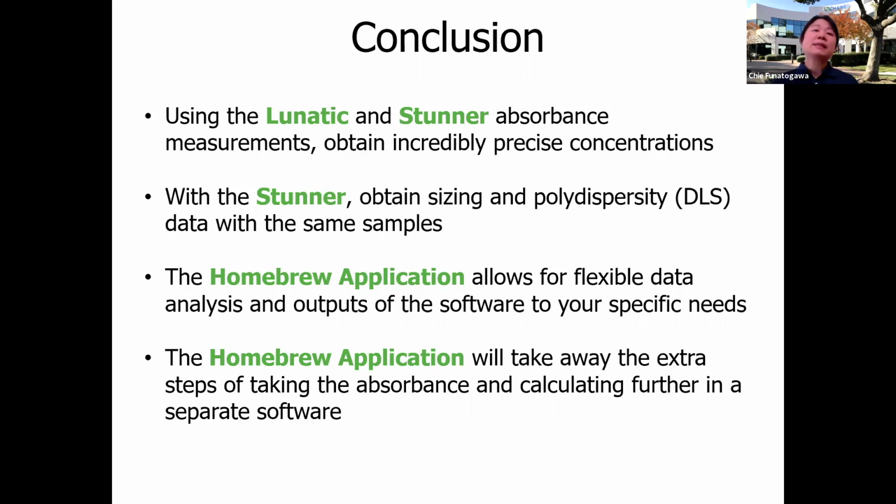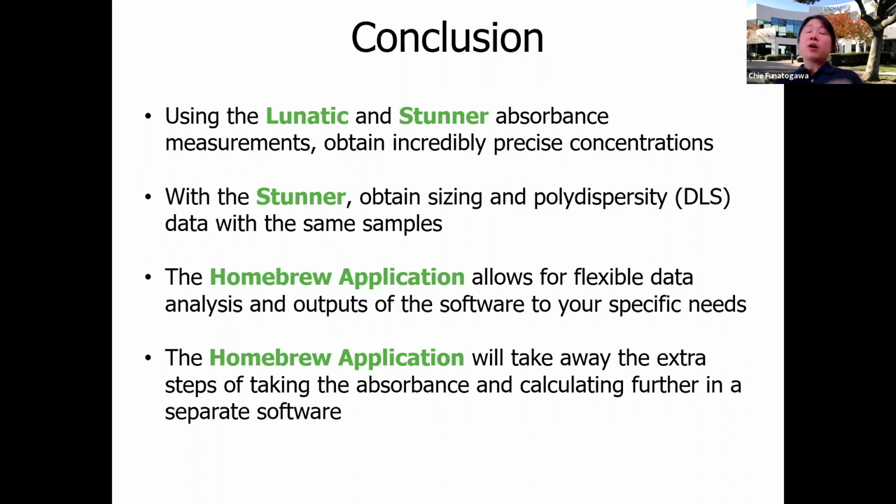Additionally, for ADCs, it's extremely powerful to be able to create your own applications and essentially have that flexible data analysis and have specific outputs to your needs, to your ADC, or to whatever else you may be looking at. You can essentially make that calculation once, and now every time you select that application, it will give you those outputs that you have specified.